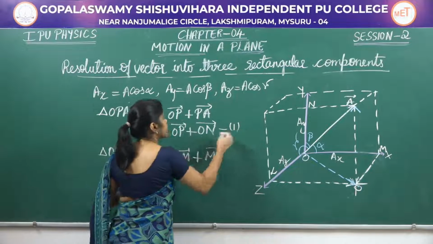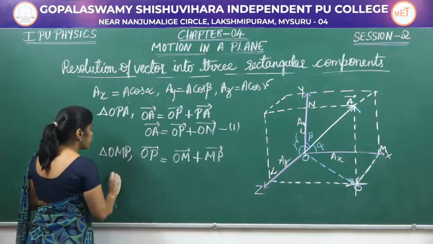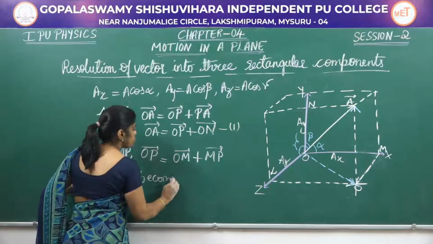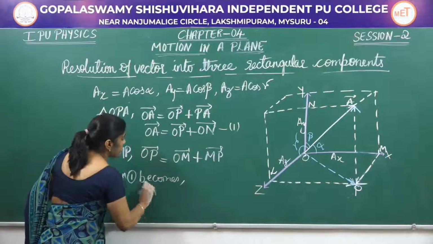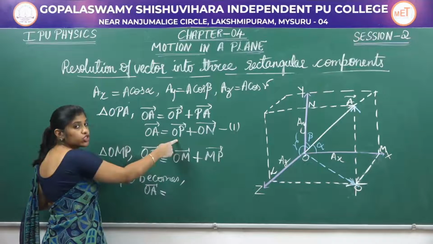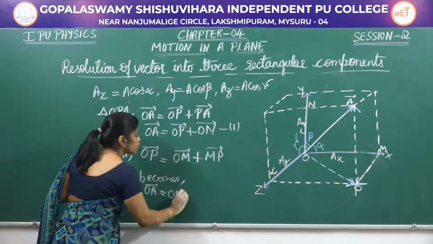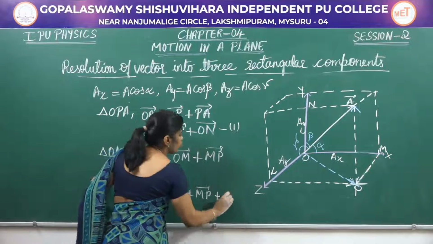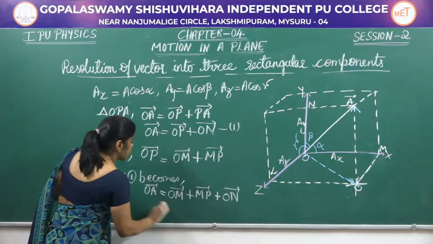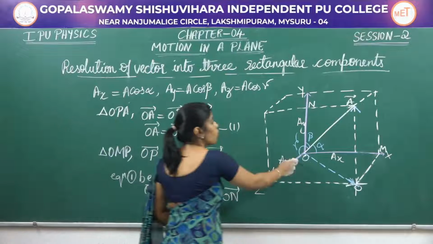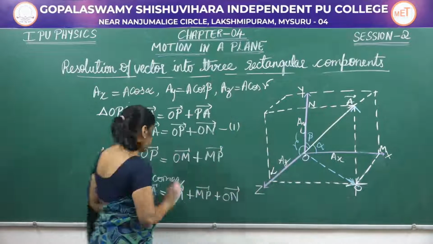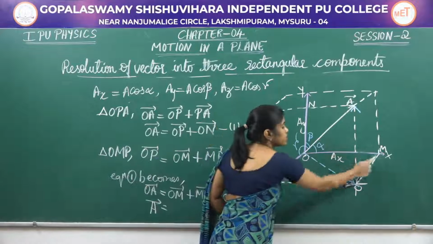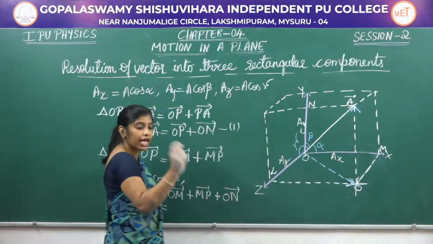Can I substitute this OP into this equation? So, let me call this equation 1. Substituting, equation 1 becomes OA is equal to, in place of OP, OM plus MP plus ON. OA is nothing but vector A. What is OM? OM is the component along the x-axis.